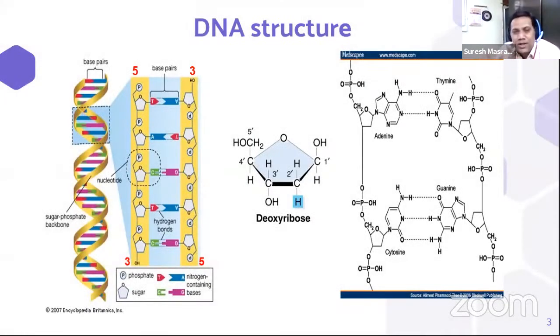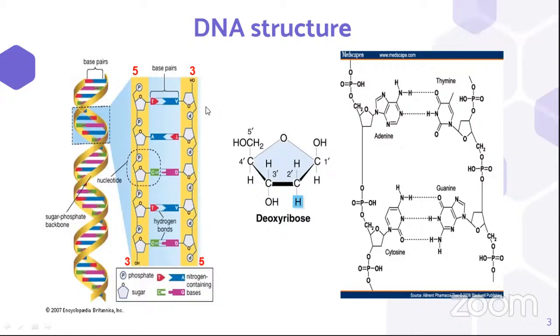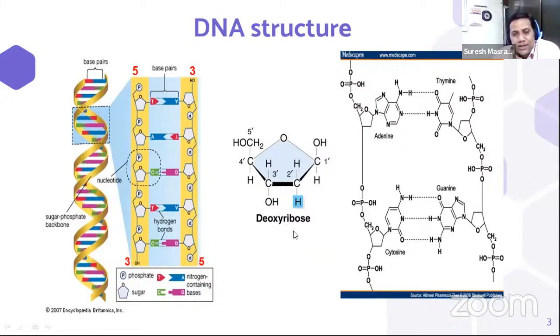Now, before that, we again revise the DNA structure, although all of you are well aware of it. The DNA structure has two strands: one strand running from 5 to 3 prime, and the other strand aligned to it running from 3 to 5 prime. These primes are decided by the deoxyribose sugar molecule, because in this sugar molecule there are first, second, third, fourth, and fifth carbon atoms.